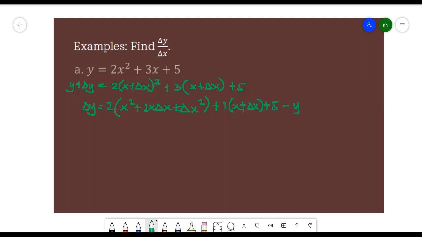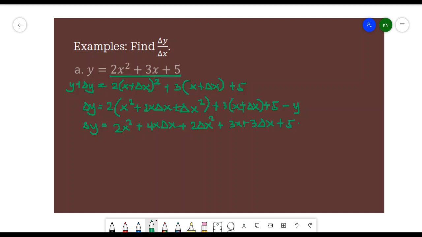Again, our y is equivalent to 2x squared plus 3x plus 5. So we have 2x squared plus 2 times 2x delta x, which is 4x delta x, plus 2 delta x squared. We also have plus 3x plus 3 delta x, and then plus 5.